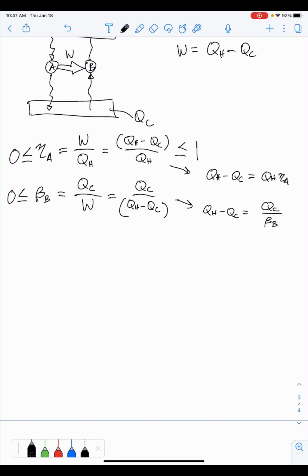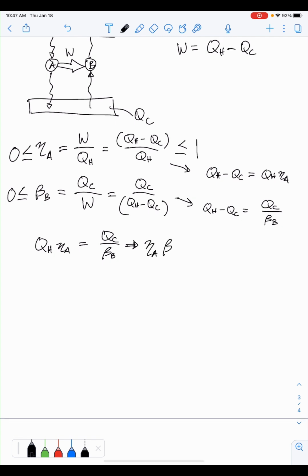Okay. So as a result, we have this. And it looks like a mess, but let's just start moving stuff over and see if we can figure it out. So eta A times beta B equals QC over QH. So yeah, let's get rid of this part.